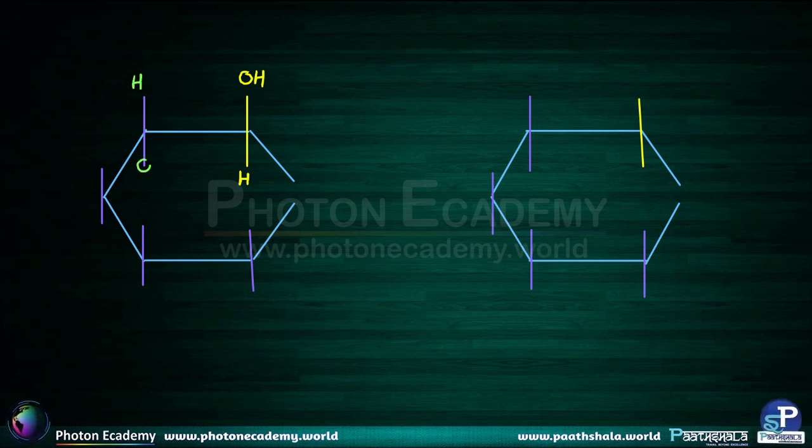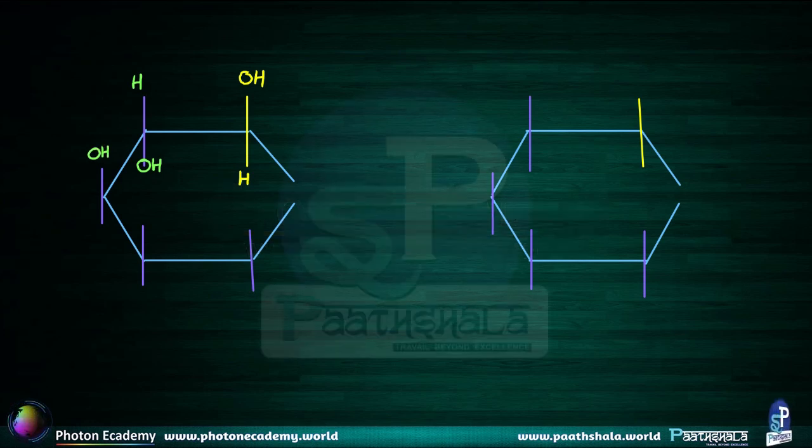So I've got an OH, H, and this OH is trans with the previous one. Also, my OH is trans with the previous one, and I get a CH2OH group over here, H group over here, and here was my oxygen.